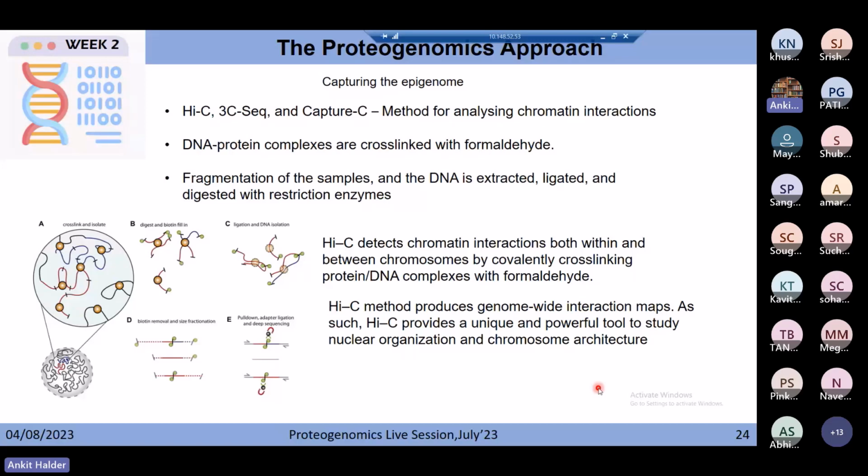These are the steps: digest and biotin fill-in, ligation, and DNA isolation. Since we are adding formaldehyde, the protein-DNA gets covalently cross-linked, so it can be easily pulled, and there will be no disruption between the protein and DNA interactions.